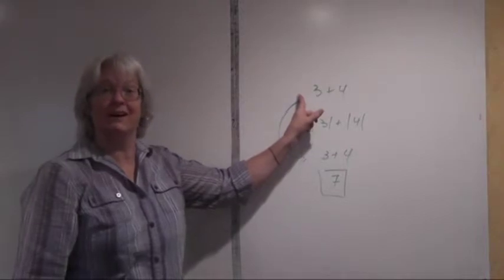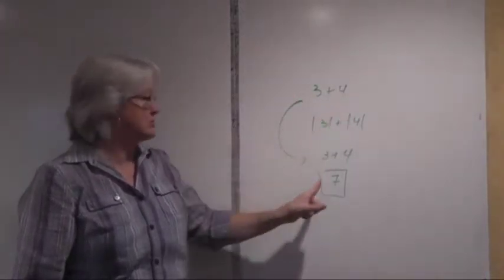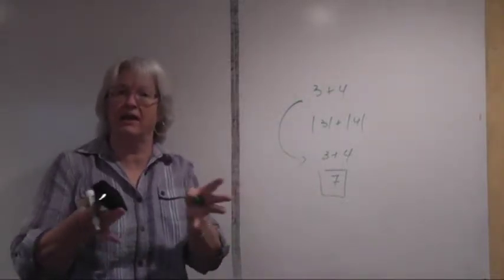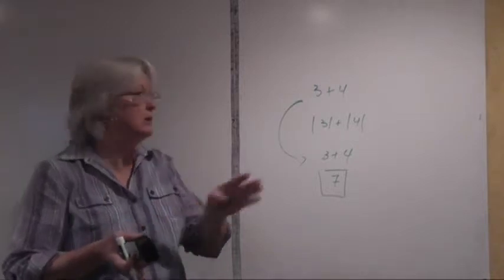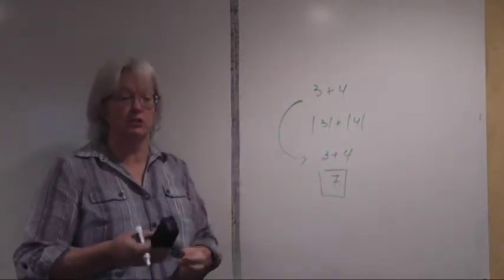We keep the sign of the original addends in the problem, which is a positive sign. So even though we don't normally think of it as adding absolute values and keeping the sign, when we're adding positive numbers, you can actually do it that way.